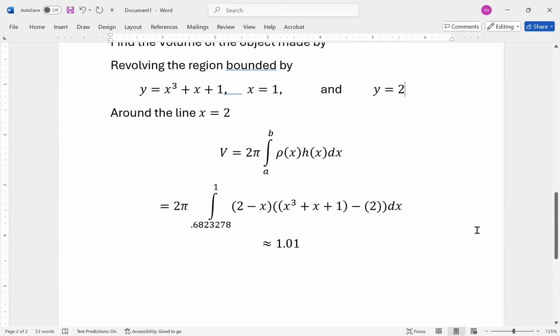And also on the other side, with the disk method, there would be functions and lines of rotation where it is needed. If I rotated this same region around the line y equals 0, then I need to use the disk method, because the shell method would require me to integrate with respect to y, because that's a horizontal line.